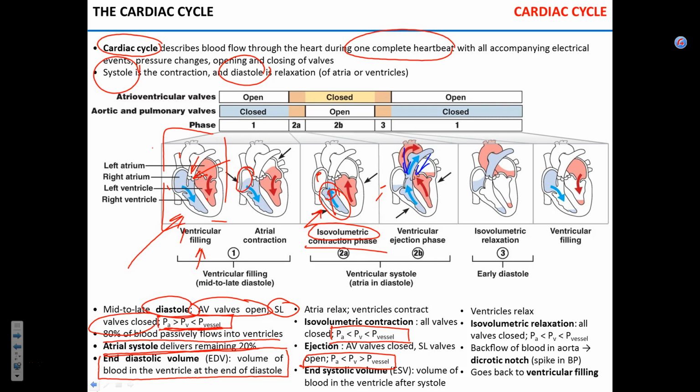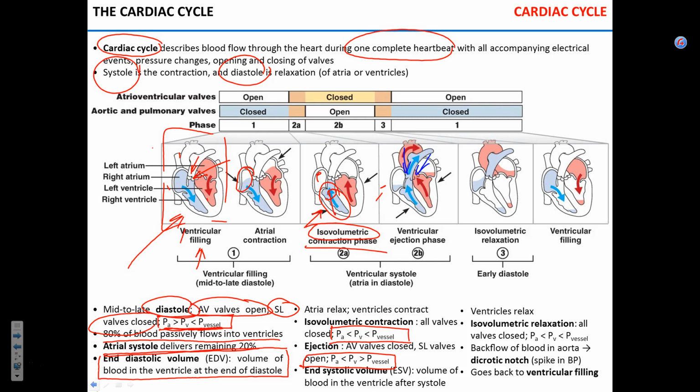Now, when blood leaves the ventricle and, listen closely, enters the vessel, what happens with the pressure in the vessel? Increases. The pressure in the ventricle eventually decreases. Does that make sense?